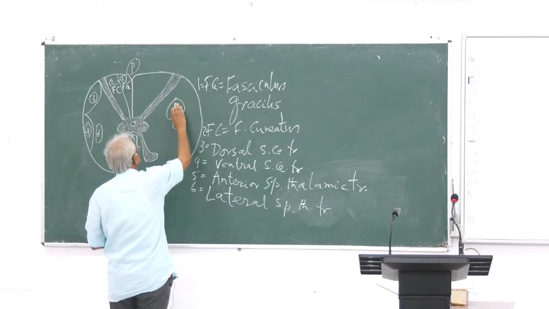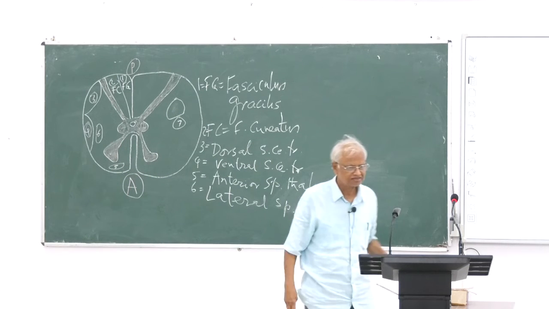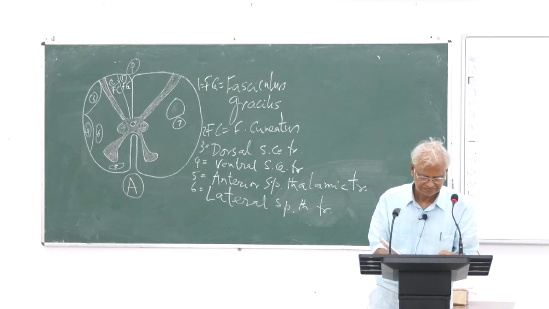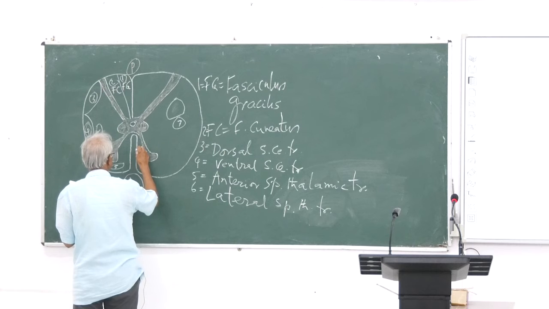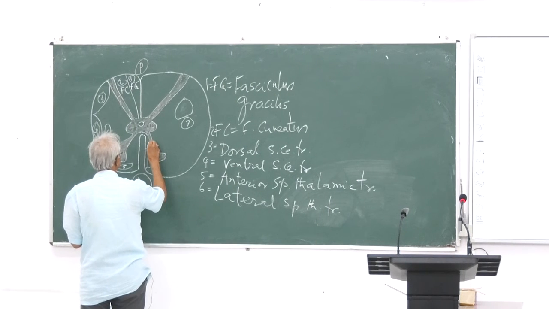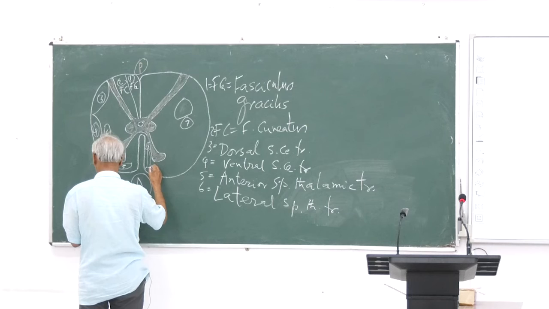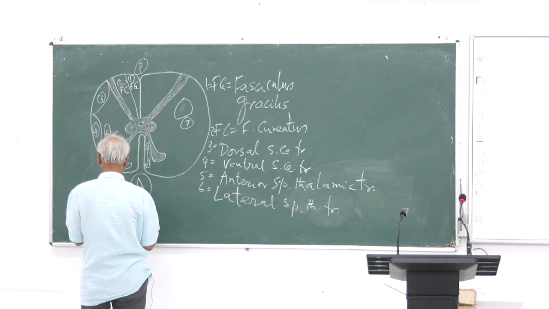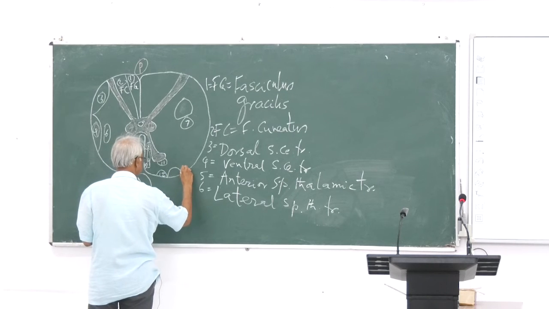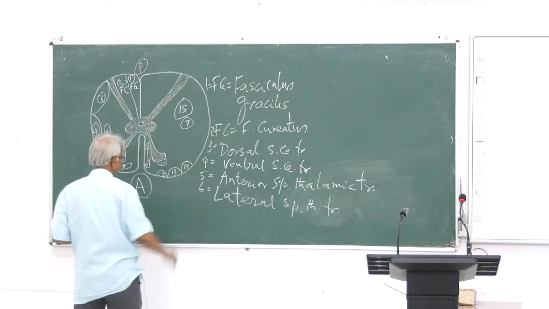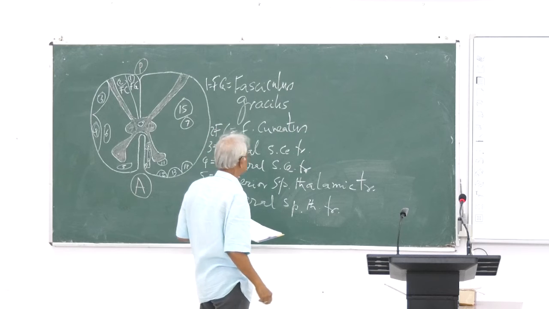This is 7, 8, 9, 10, 11, 12, 13, 14, and this is 15. So start with 7.